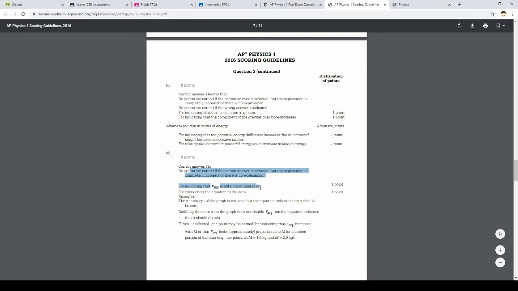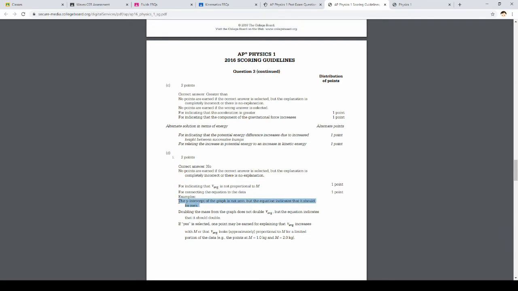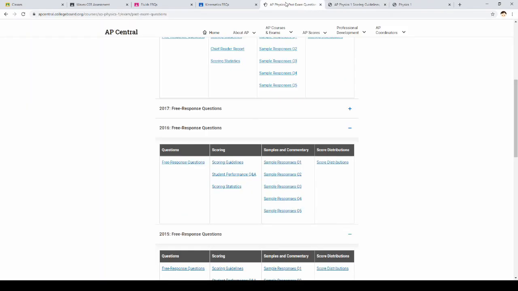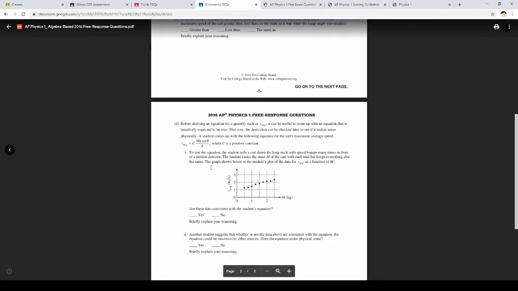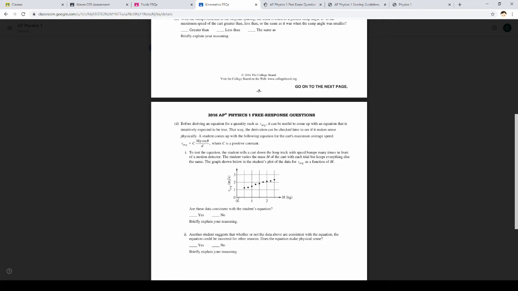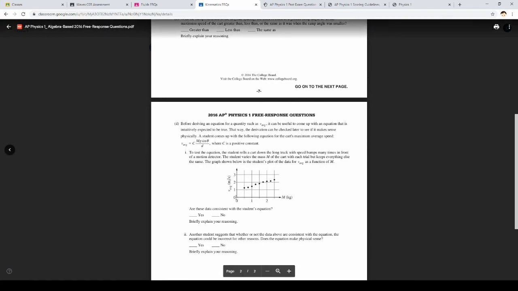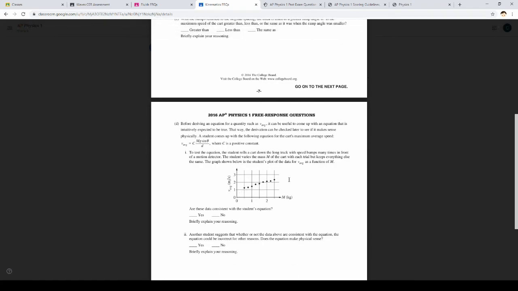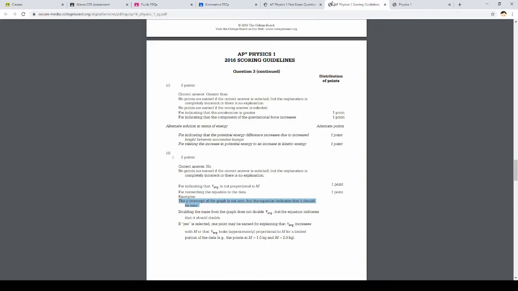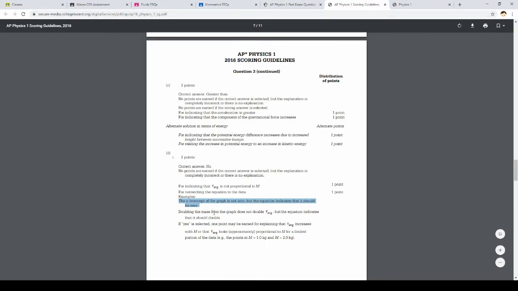So you need to indicate that average speed is not proportional to m, and you need to connect the equation to the data. This is because the y-intercept of the graph is not 0, but the equation indicates that it should be 0. So the equation does not give us a y-intercept.